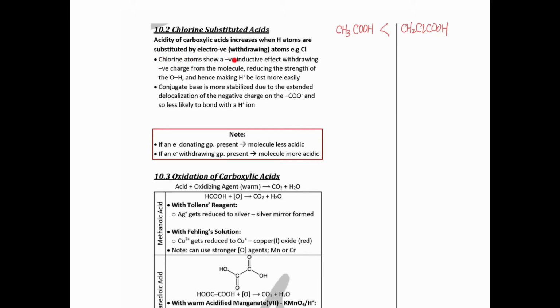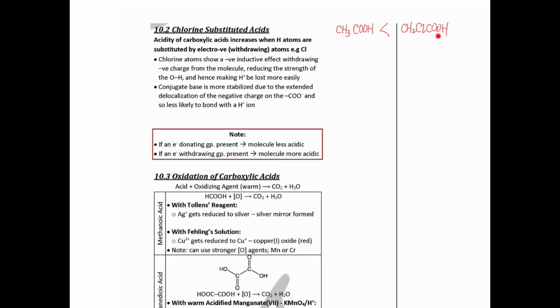So why? Chlorine atom shows a negative inductive effect, withdrawing negative charge from the molecule, reducing the strength of the OH. So imagine, the electron will go to the left because of the Cl. And this O is not so negative already because electron go to the left.